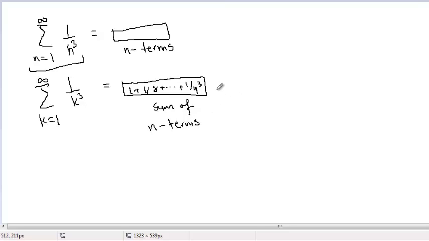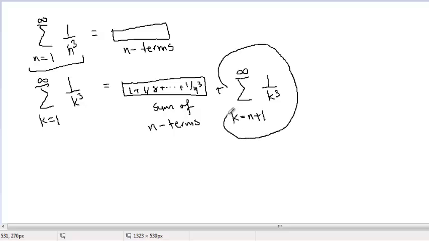In this case, what will be the remainder? The remainder will be the summation k equals n plus 1 up to infinity, 1 over k cubed, right? And in this problem, we want to keep this remainder term less than 1 over 1000, right?